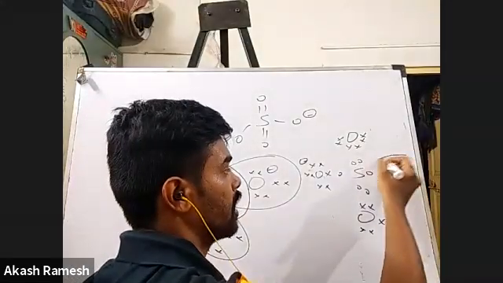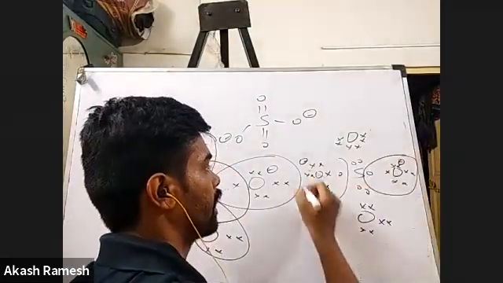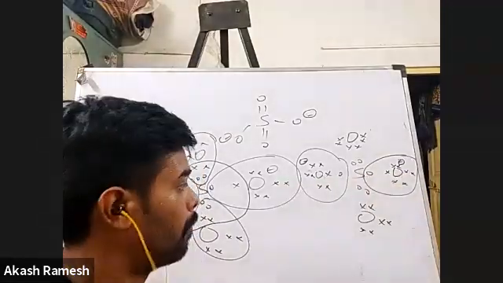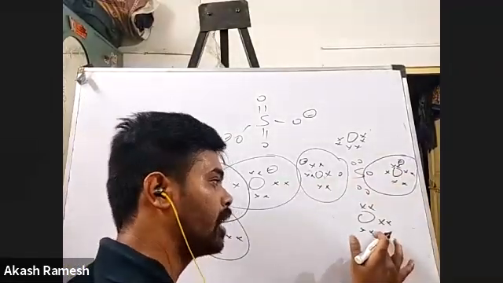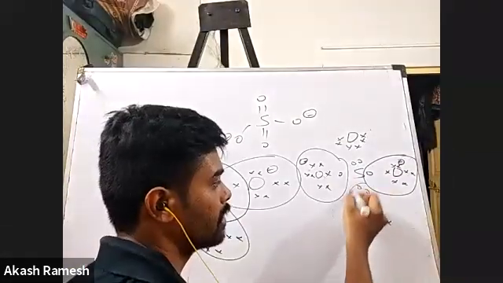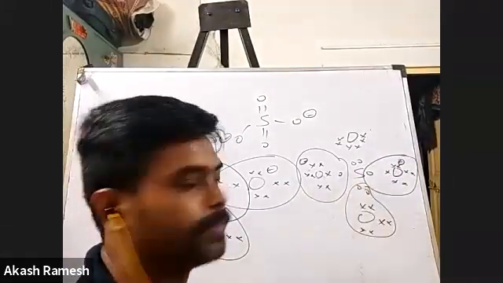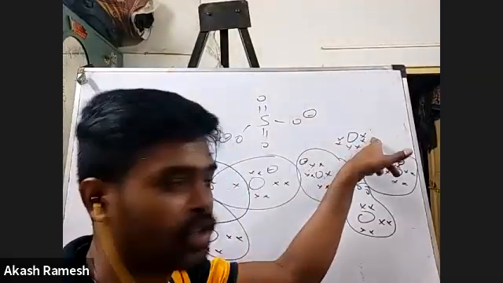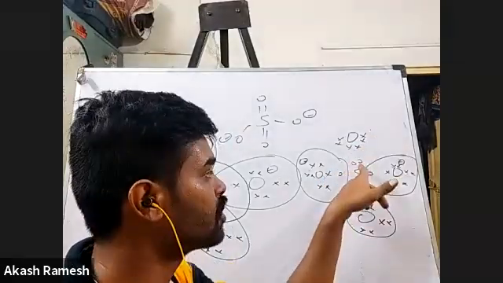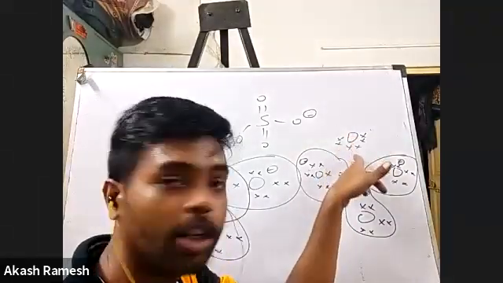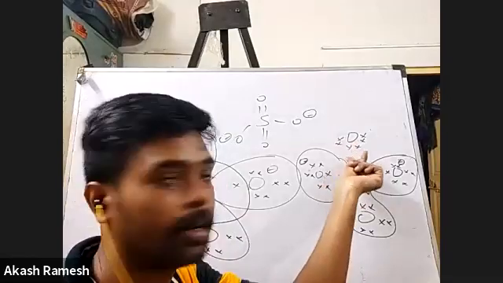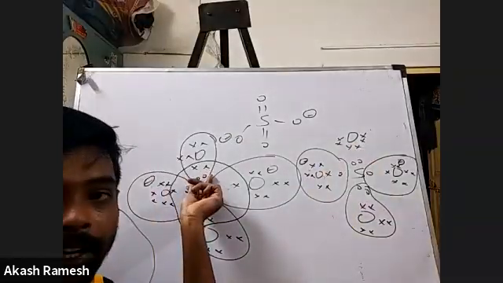For these 2 oxygen atoms it is going to be the same: it will take 1 electron, and it will take another electron. These 2 O minuses are done. I'll take one. This oxygen atom also requires 2 electrons, so I'll take this also. Now, for this oxygen atom, instead of sharing these 2 electrons and getting 2 electrons back, I can make a double bond, just like how I did here.